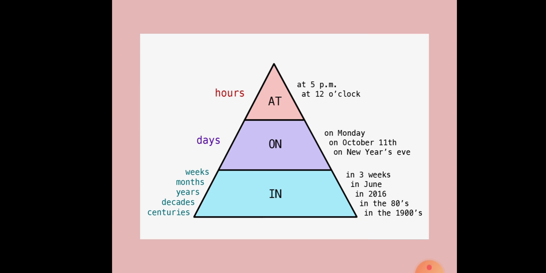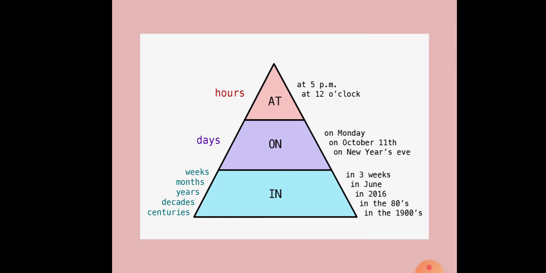So in this slide you can see that at, on, in, these are the prepositions, and where do we use them? For hours we can use at, for example at 5 p.m., at 12 o'clock. For days we use the preposition on: on Monday, on Tuesday, on October, on New Year's Eve.